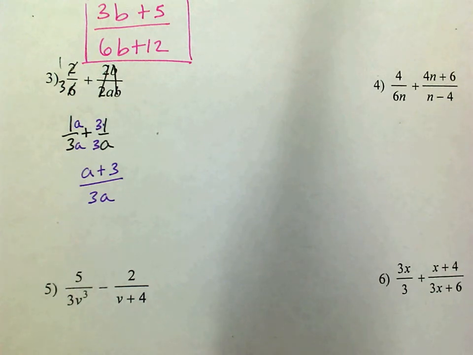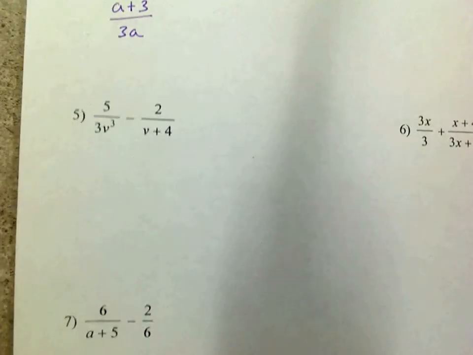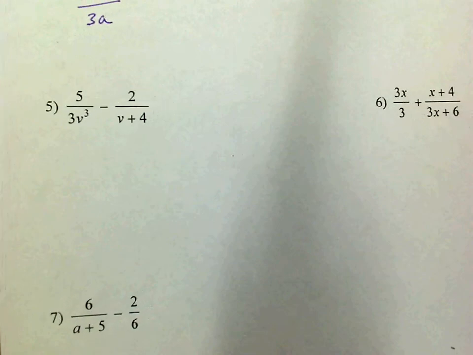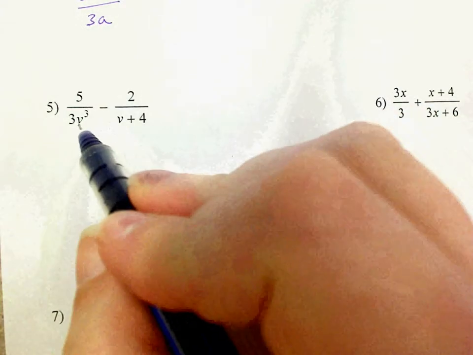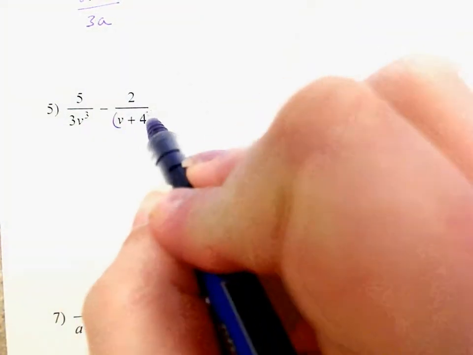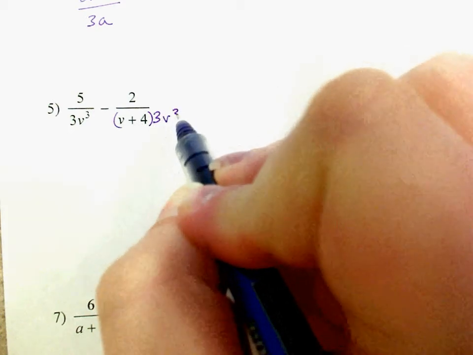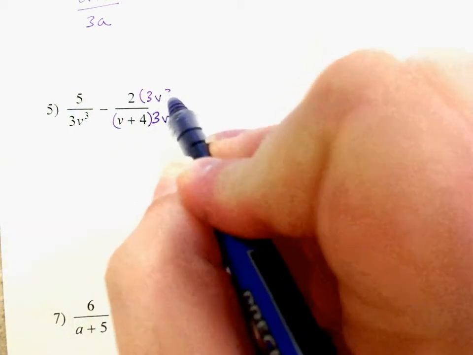Alright, so let's talk about this problem right here, number 5. Do these denominators have anything in common? If they don't factor into each other, then that means the common denominator is both of them, right? So on this side I need a 3b cubed, right? What do I need on this side then? b plus 4.